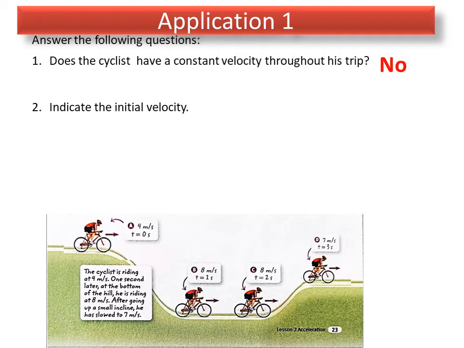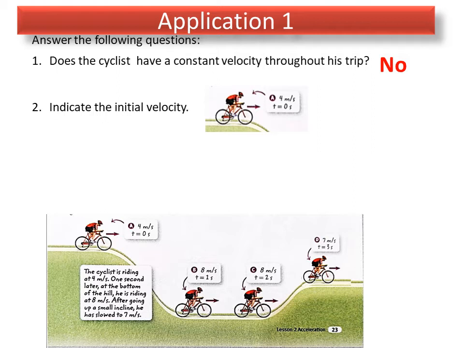Indicate the initial velocity. Initial means the first velocity at the beginning of the experiment. I want you to look at the four positions, A, B, C, and D. Which one is the initial position or velocity? It's at A. So what is the velocity? It is 4 meters per second.